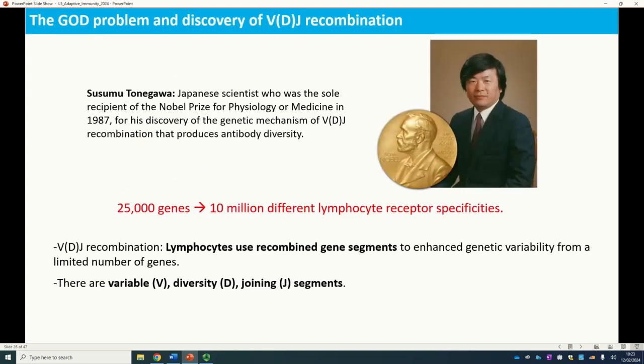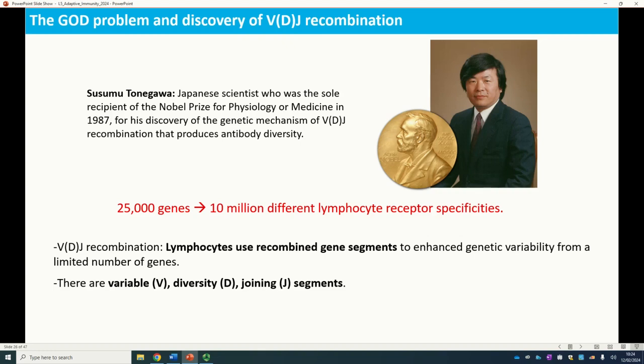And essentially, this was solved in the 1980s by this Japanese researcher, Susumu Tonegawa, and he got the Nobel Prize for discovering VDJ recombination. So this is the genetic mechanism, which is a series of recombination events that allows us to produce this antibody diversity. Okay? So in VDJ recombination, the lymphocytes recombine gene segments to enhance the genetic variability.